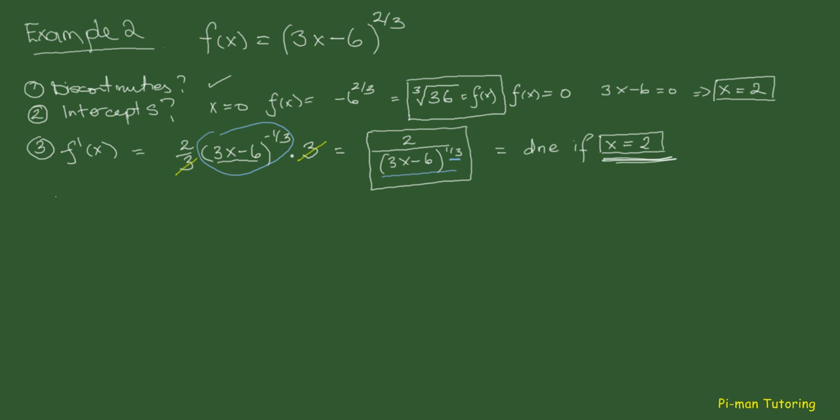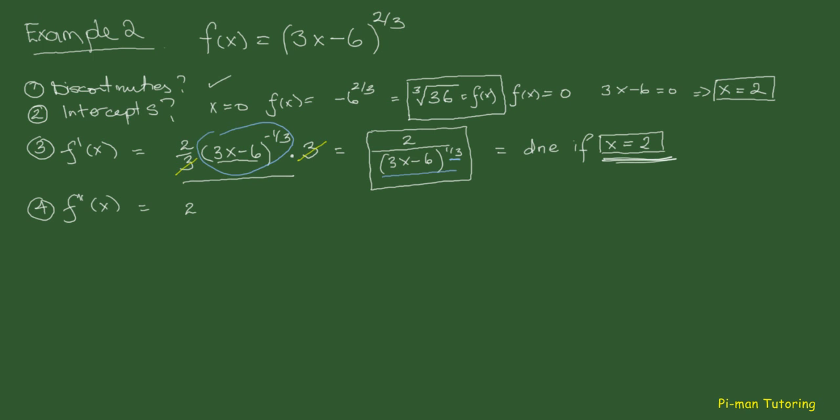Alright, now we can move on to the second derivative. And that is equal to, again we use the chain rule, so looking at this expression above, we'll keep the 2.